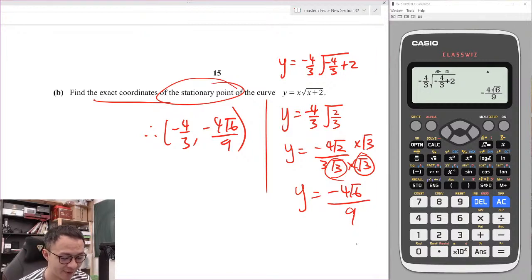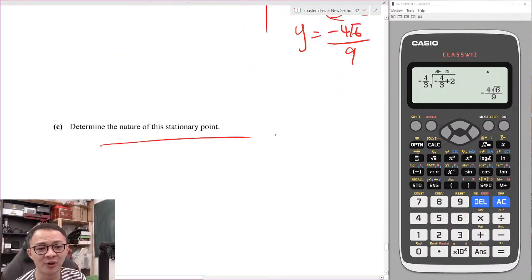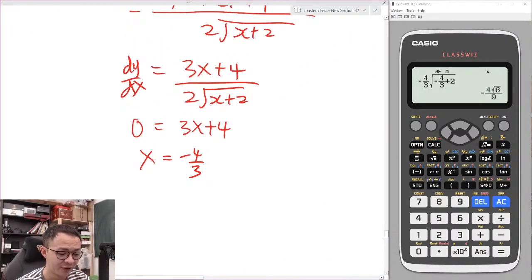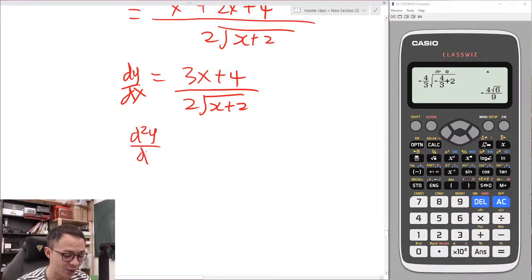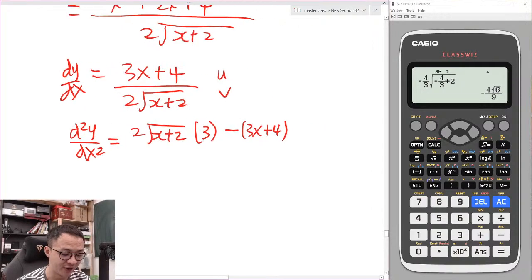Okay, so determine the nature of the stationary point. I want to find the nature, that means I need to do the second derivative. So I need to differentiate my dy dx again. So this is d2y dx squared. Using the quotient rule, u and v. Copy the v and then differentiate the u, 3. Minus, copy the u, differentiate the v.